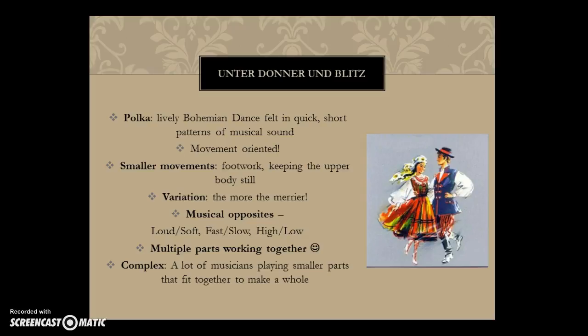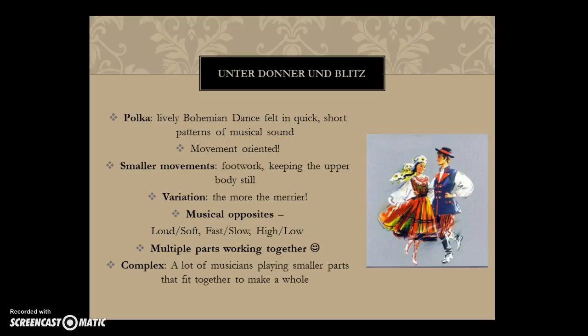But the cool part about Unter Donner und Blitz is that it has musical opposites. So the polka, at the time that it was created, as you read in the history portion, wanted to be different than everything that was already created. The way that they did this was using opposites.